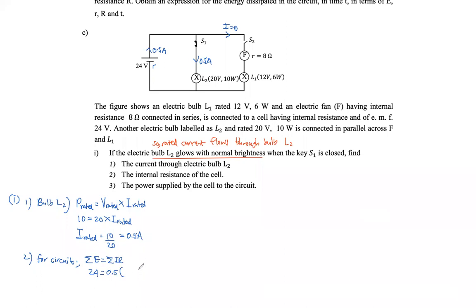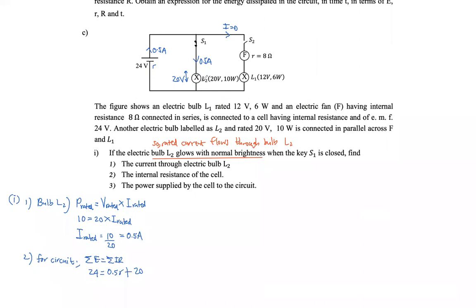You can do it this way. If it is functioning properly across this, there must be a potential drop of 20 volt. So you can write sigma IR, one is 0.5 into R, plus here it is going to be 20.